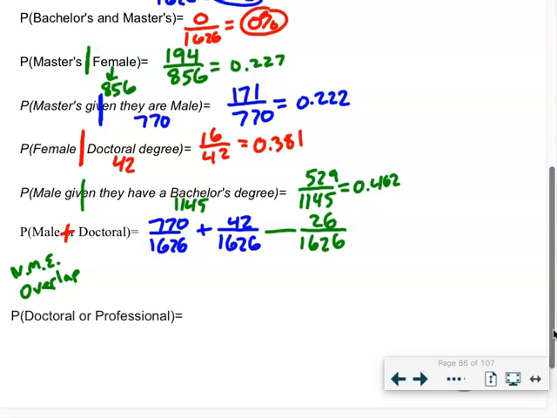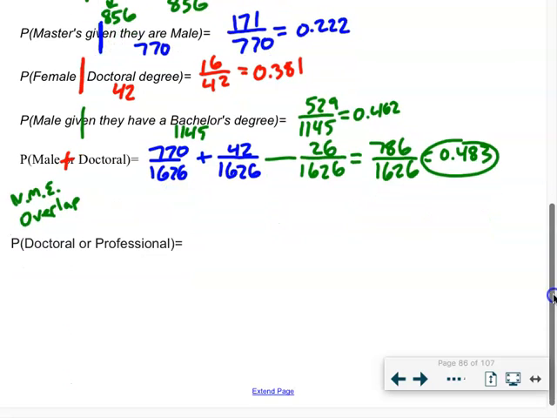We have to subtract the overlap if there is overlap. That's a great OR problem review. So we have basically 770 plus 16 if you do the 42 minus 26. So this should have a grand total of 786 divided by 1626, which is 0.483. If there's overlap, you have to subtract.